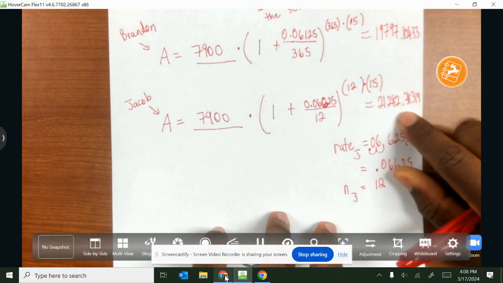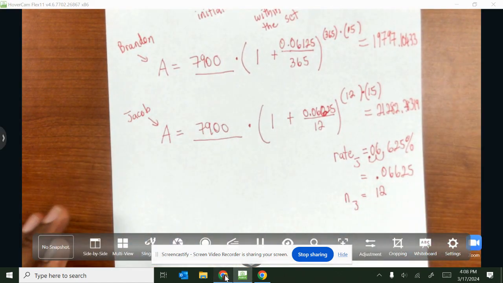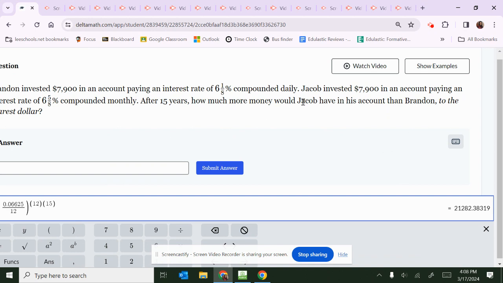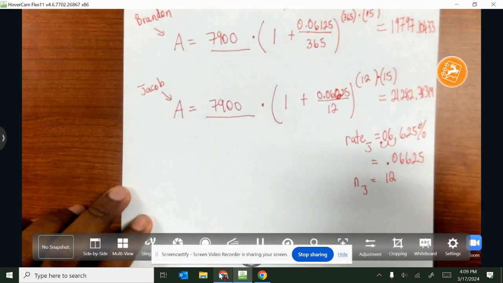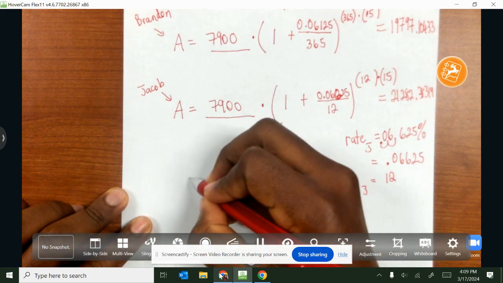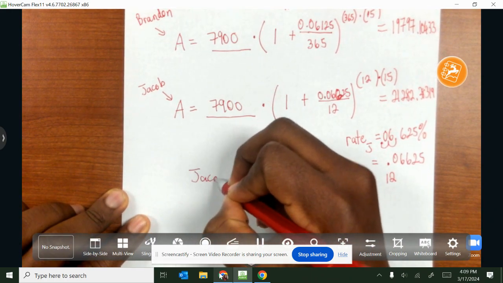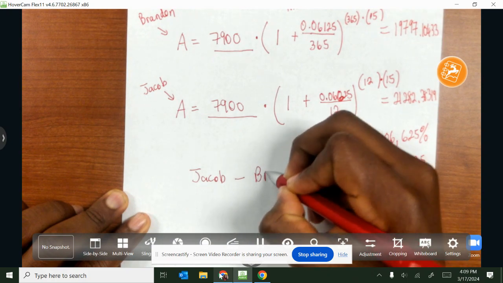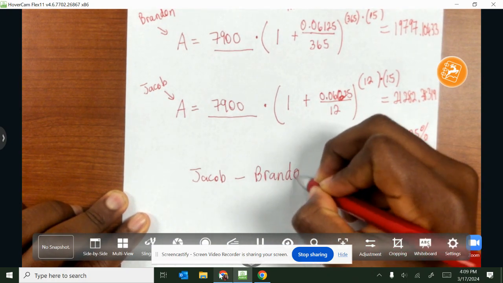So that's what we got for Jacob. But it says that we need to figure out how much more money would Jacob have in his account than Brandon. So I need to do Jacob minus Brandon.